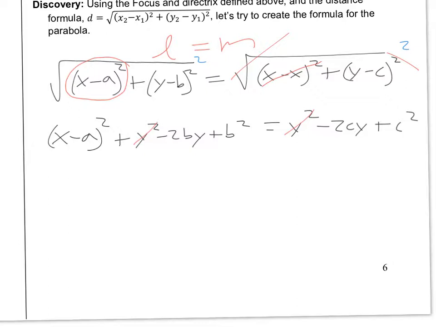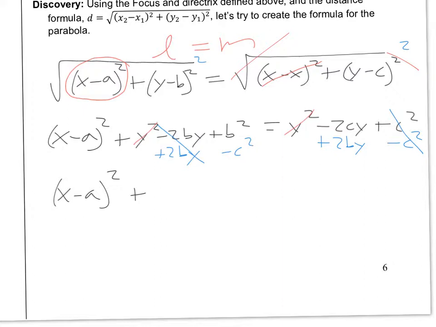The next thing I can do is I can get this negative 2by to the other side by adding 2by to both sides. And I can get rid of this c squared by subtracting c squared. So that cancels this out, and that cancels this out. So let's rewrite what I would have here. I'd have x minus a again squared plus this.